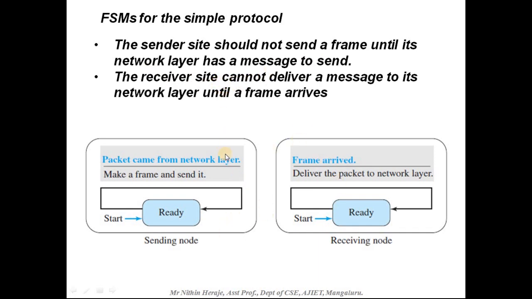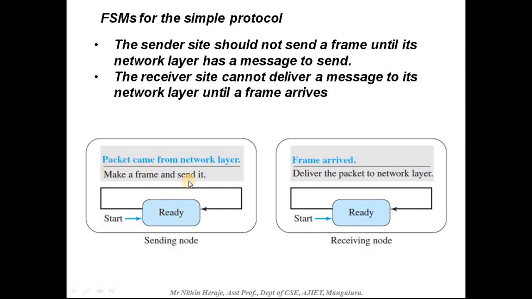So if you look at this, there are two finite state machines, one for the sending node and one for the receiving node. As you look at this, this has only one state, that is the ready state. The sending node will have only one state, that is the ready state, and this is the initial state also.